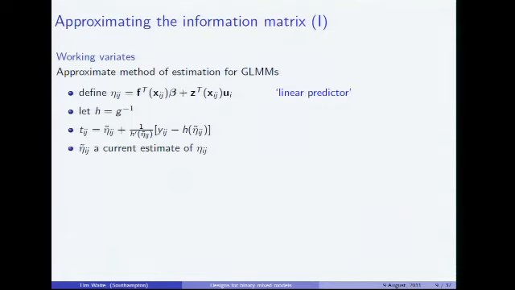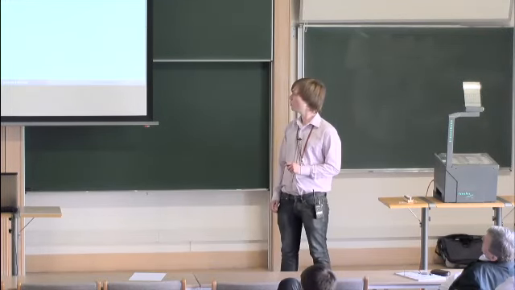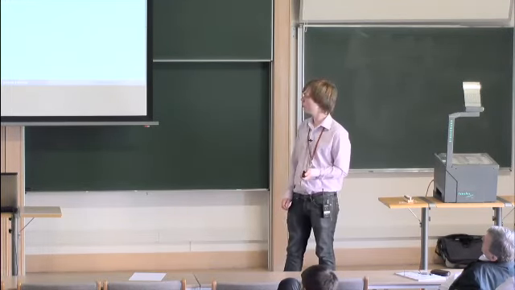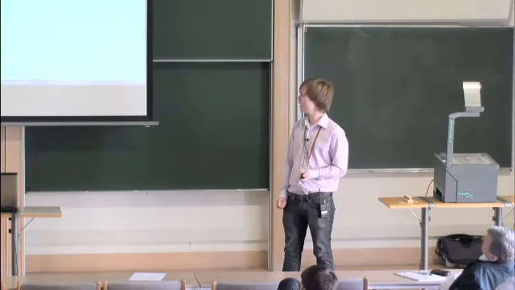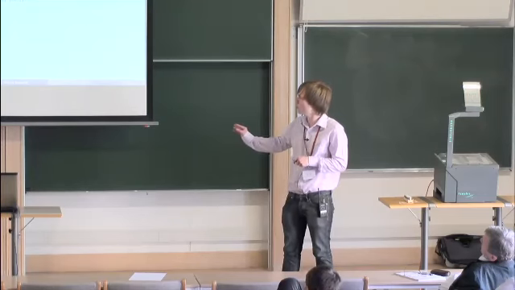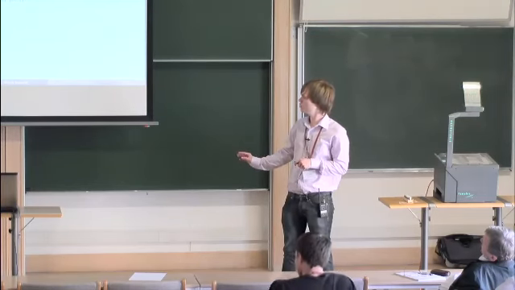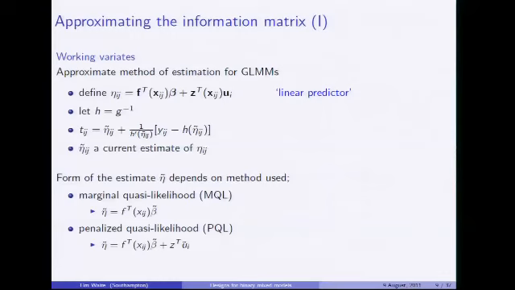The particular form of the estimate of the linear predictor that you use depends on the precise flavor of the method. So for instance, you might have what's referred to as marginal quasi-likelihood or penalized quasi-likelihood. Under the first of those, you basically assume that the random effects are sufficiently small that you can neglect them in your estimate of the predictor, and you just plug in some kind of estimate of the betas.